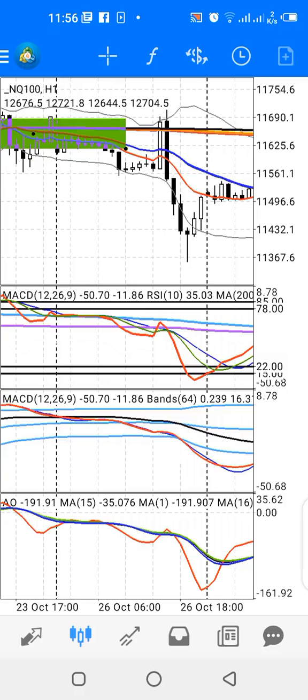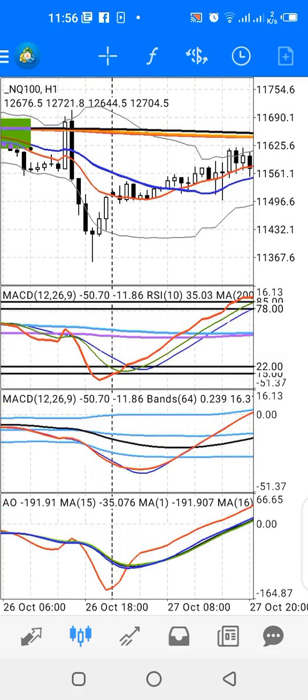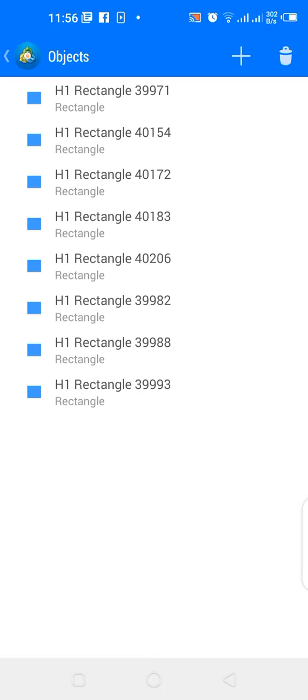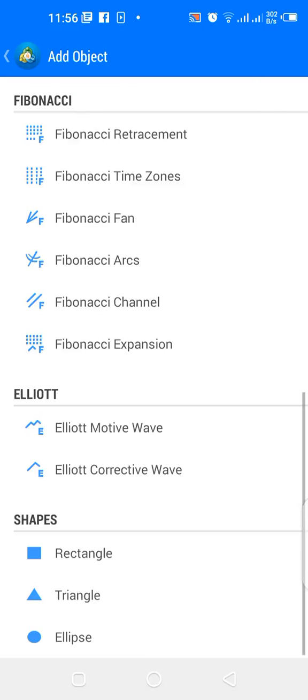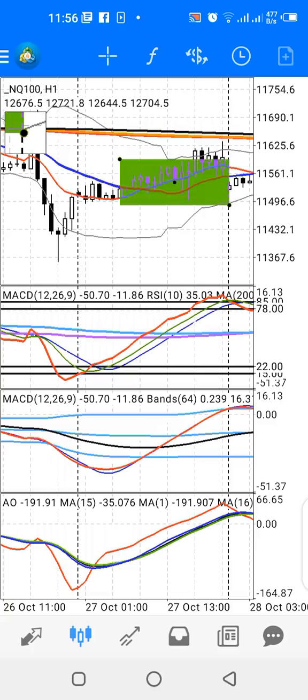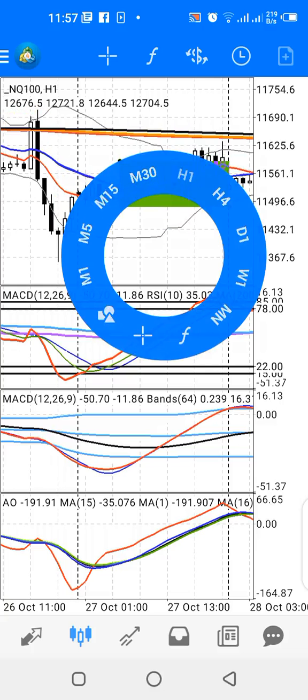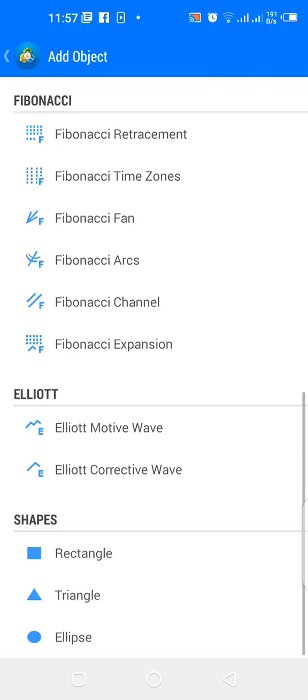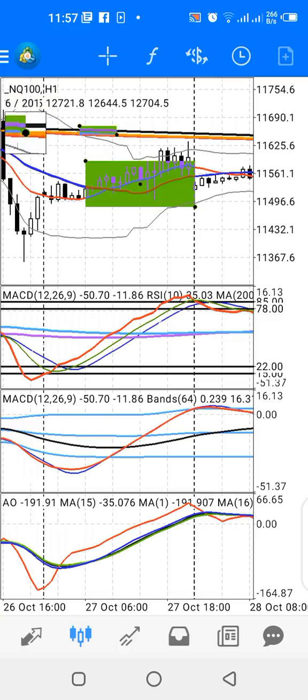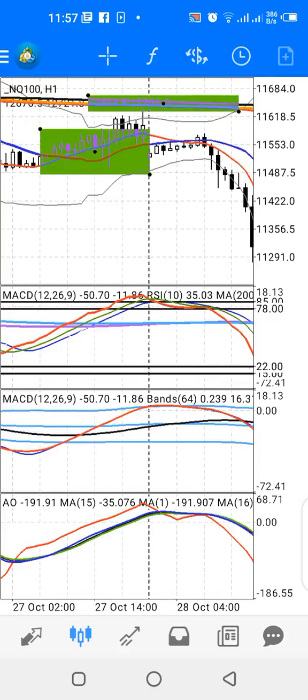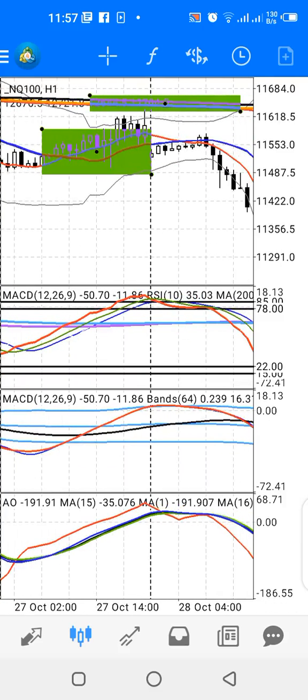Okay, as long as the Bollinger Band and the moving average like we have around here stay below my moving averages, as long as it stays below these moving averages here, I'll look to sell.